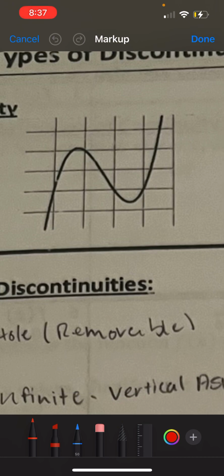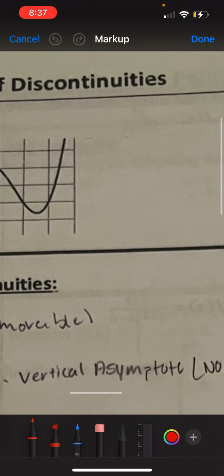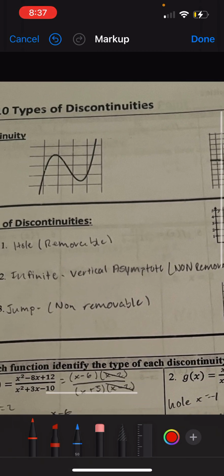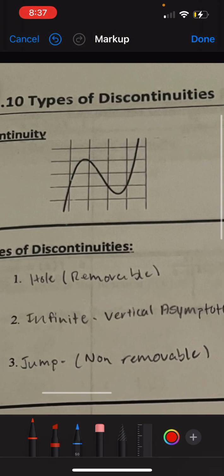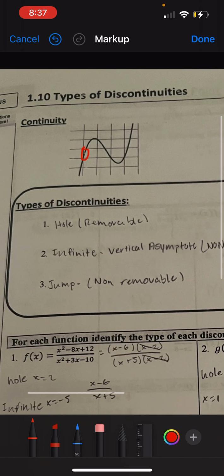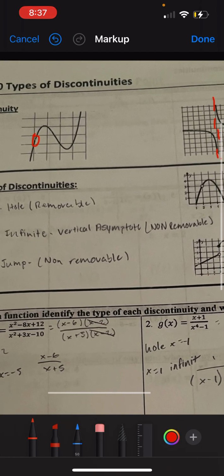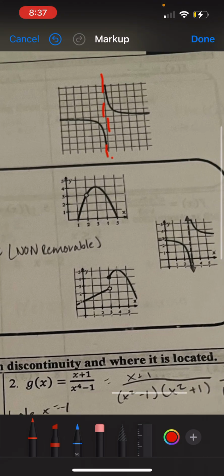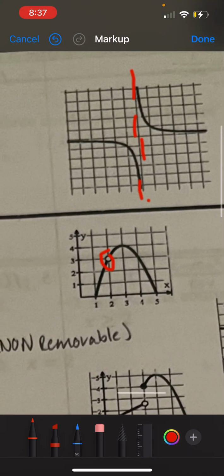So this one and this one has an asymptote, right? This one doesn't have a discontinuity unless that's a hole, but it's a little hard to see. But yeah, so the types of discontinuities: the hole removal, which looks like that, right?